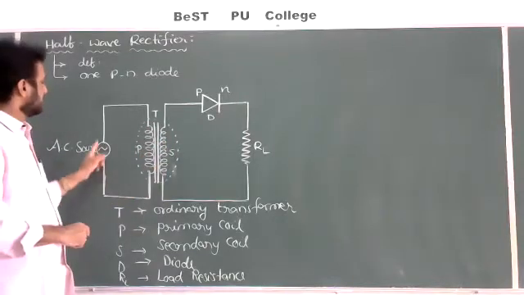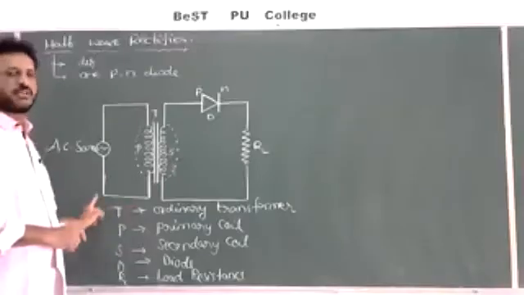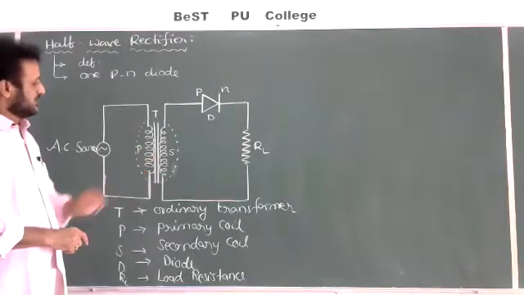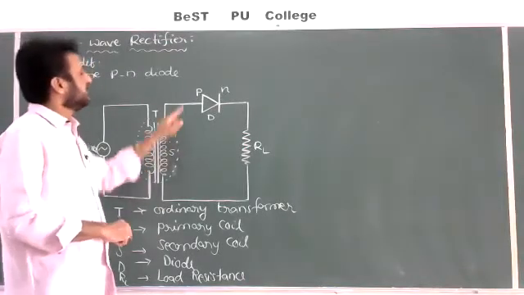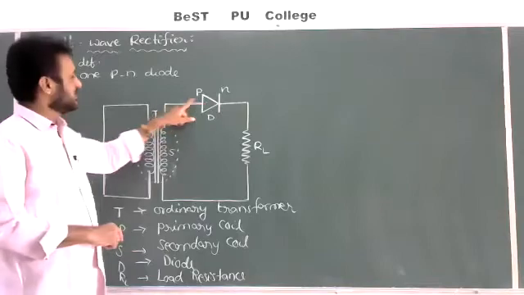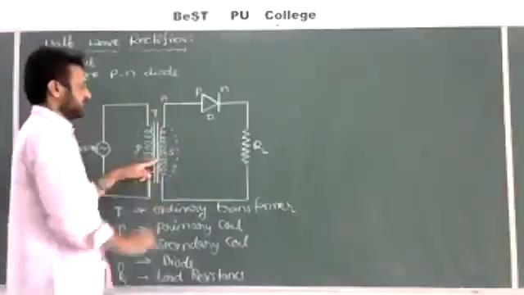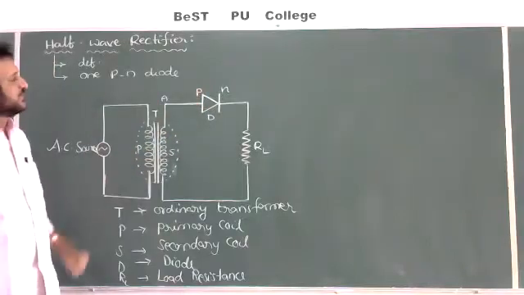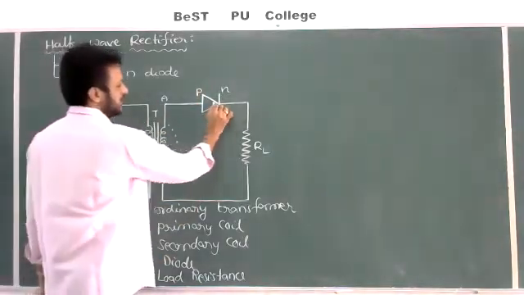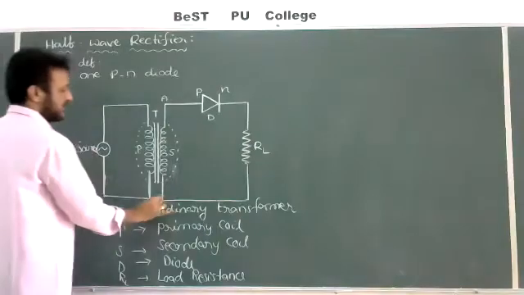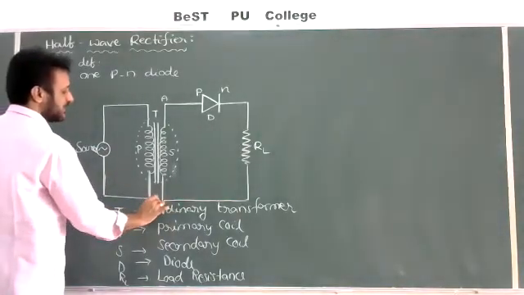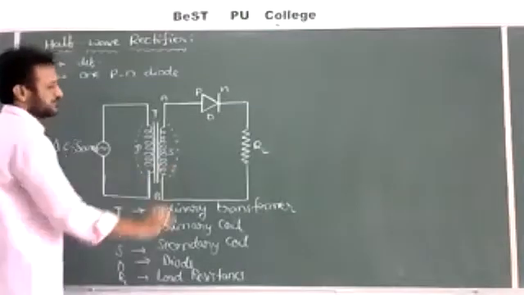So here we have connected AC source to the primary coil of the transformer. And in the secondary circuit, the P-type semiconductor of the diode is connected to the upper part of the secondary coil, say for example A, and the N-type semiconductor of the diode is connected to the lower part of the secondary coil of the transformer, say B.